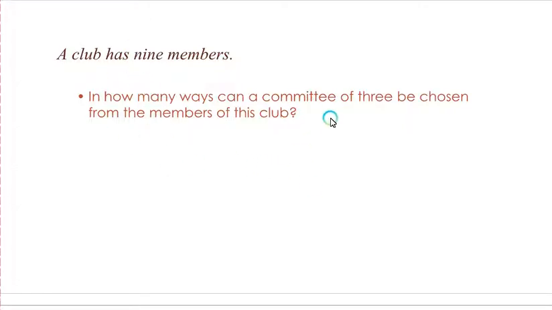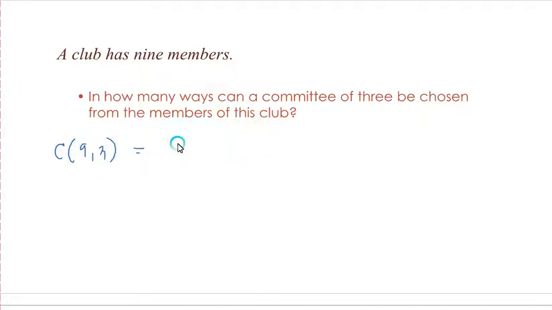So wala naton gina-consider kung sinong president, kung sinong vice president, and so on. But silingon, makuha lang dito tatlo. So, pila ang possible combination. So, we have combination of 9 taken 3 at a time. So, we have C of 9 members taken 3 at a time.